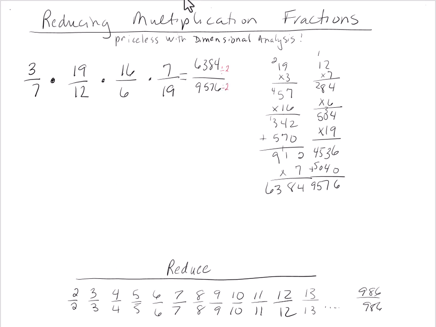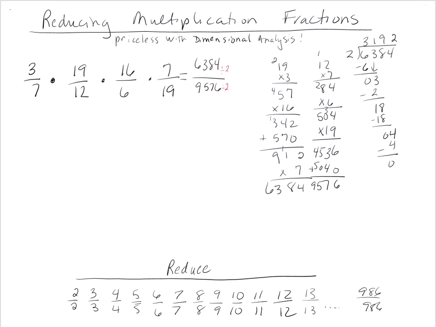So let's go out to the right. We're going to divide 6,384 divided by 2. 6 divided by 2 is 3. 3 times 2 is 6. 0, bring down the 3. 2 goes into 3 once. Then bring down the 8. Subtract a 0, bring down the 4.